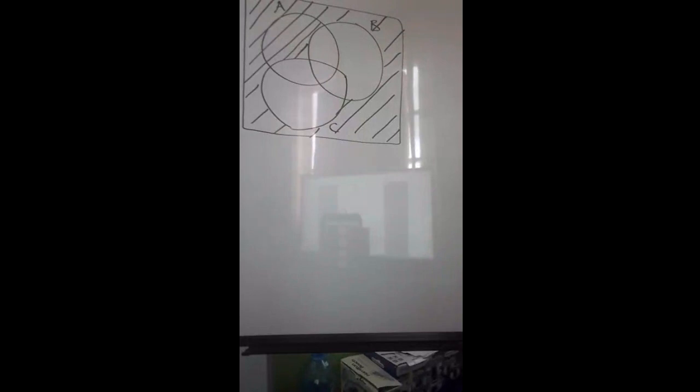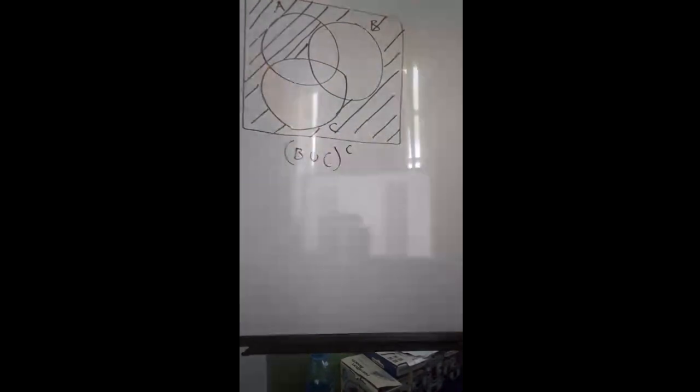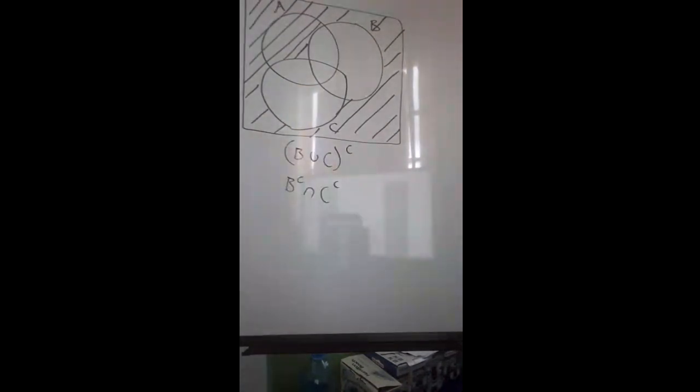Now, the second part said, so what I just drew is this, B union C complement. I don't know if you can see it, let me write it down here. B union C complement. But the second part is to say this, the complement of B intersected with the complement of C. I think everybody should understand how this one looks.